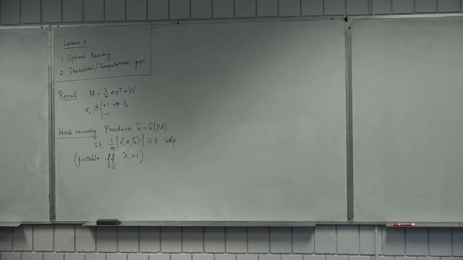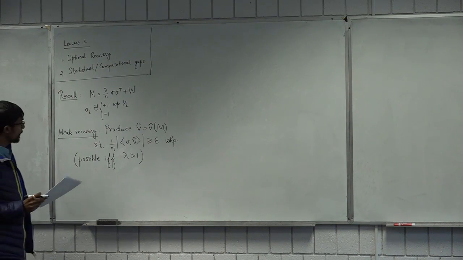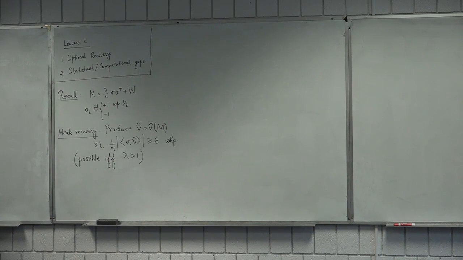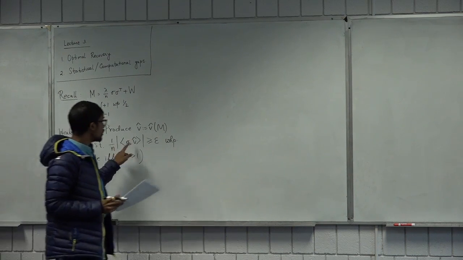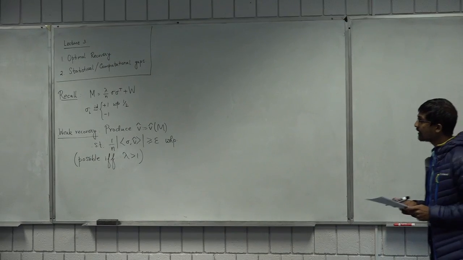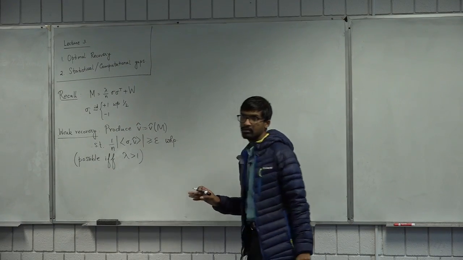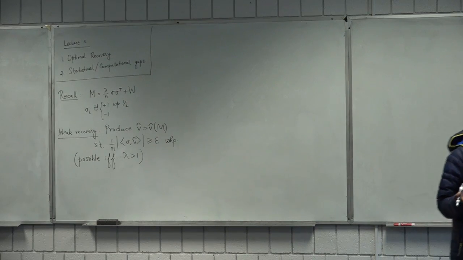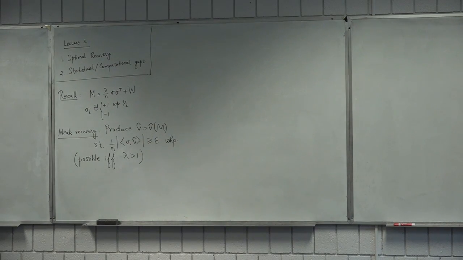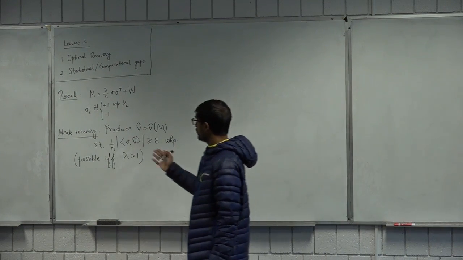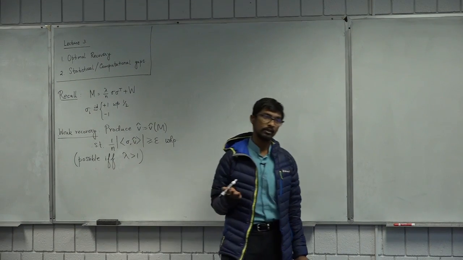Now comes the question. Suppose I am in a regime where lambda is bigger than 1. I want to do better than just weak recovery. Can I produce an estimator that has the best possible correlation? That's a natural question. You would naturally expect that you should be able to do better than some of the estimators we have looked at.